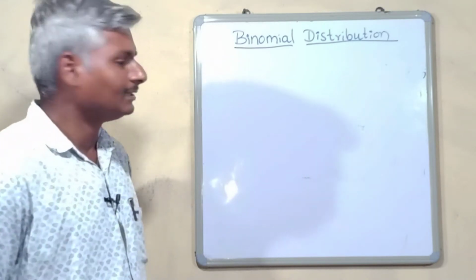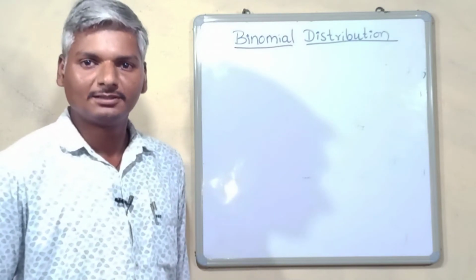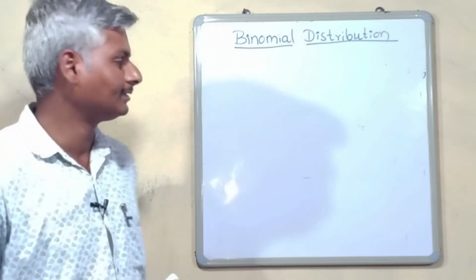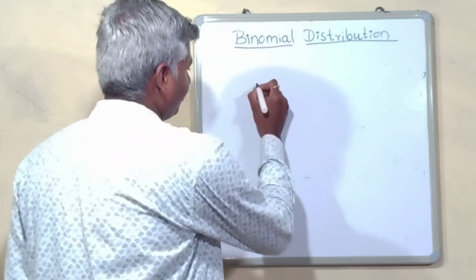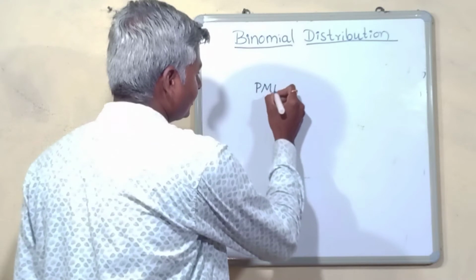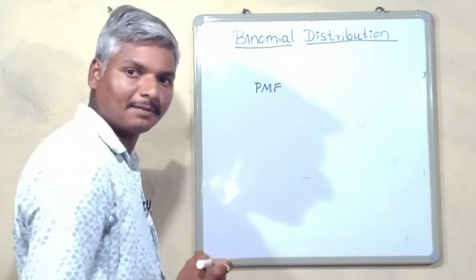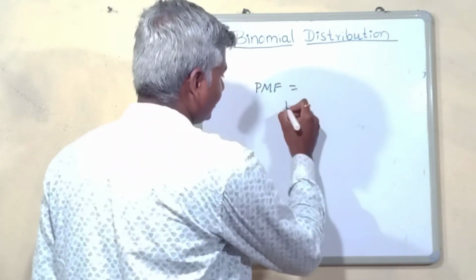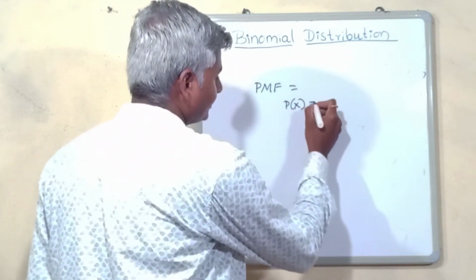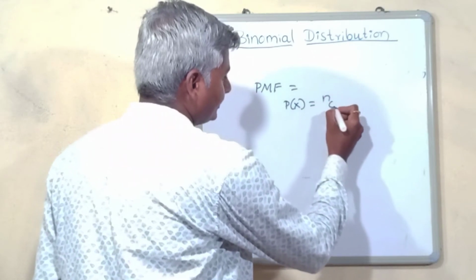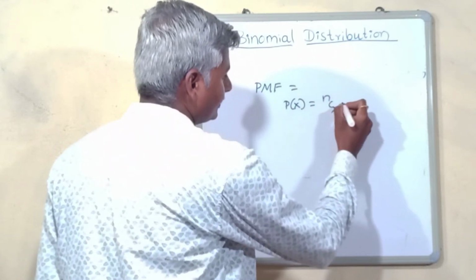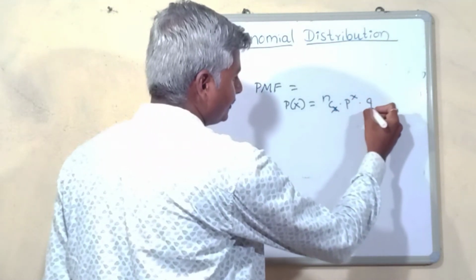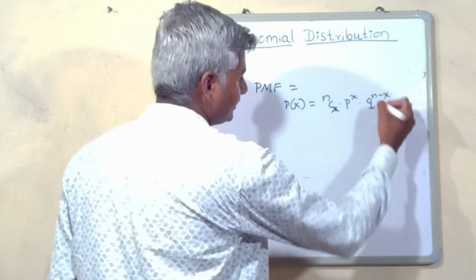Then a binomial distribution is a discrete theoretical distribution which has the probability mass function, PMF, that is probability of x equals nCx into p raised to x into q raised to n minus x.